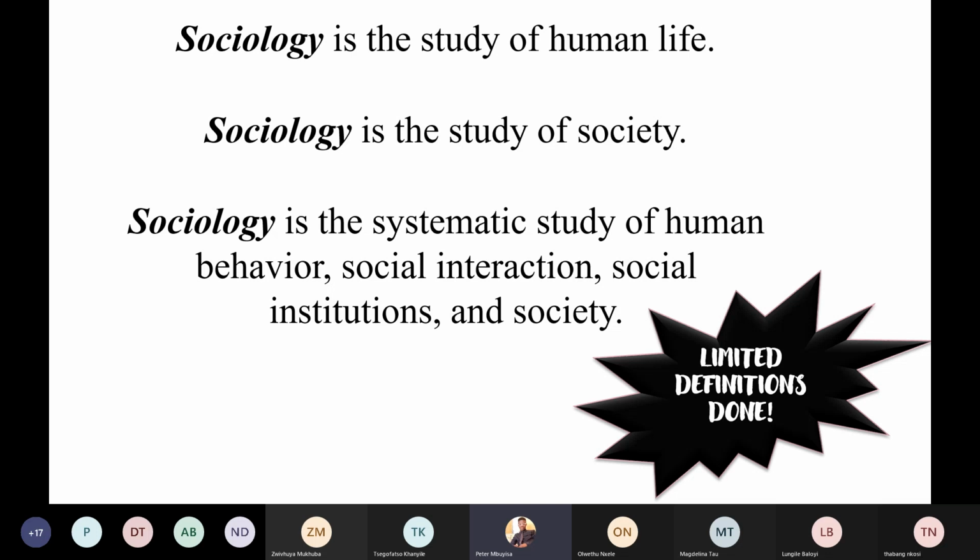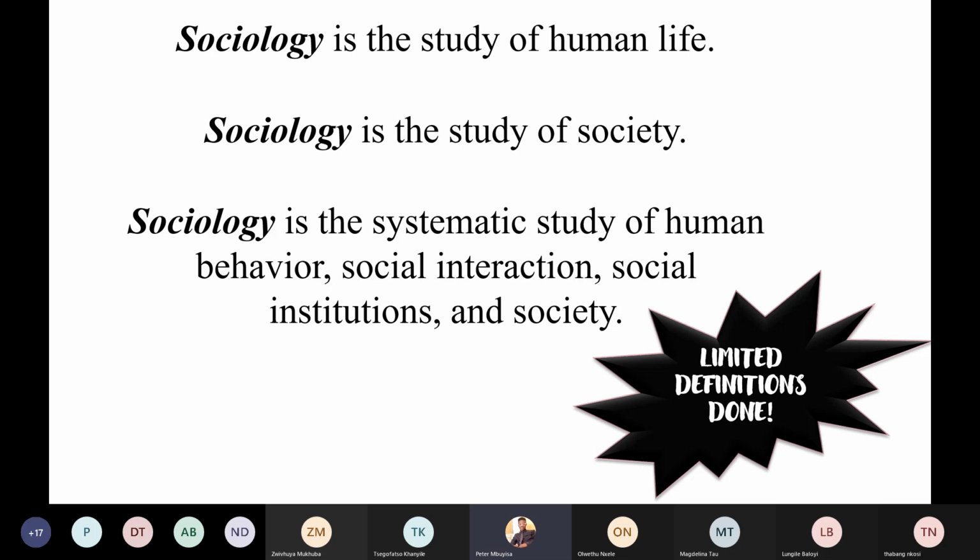We looked at this last week, and we tried to extrapolate what this means, how it can be applied, and how sociologists do what they do. So with this, I will say limited definitions are done.